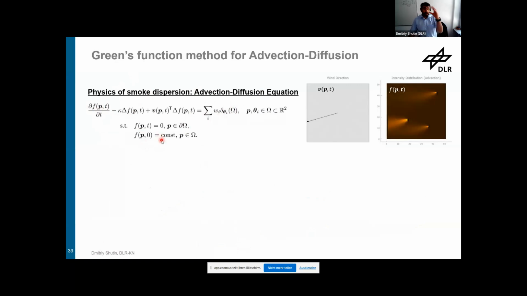So for example, we say at the boundary our concentration disappears, and at time moment 0 we had a certain concentration level in the room. So this would be a numerical solution that you see here. Unfortunately, that would be already the case where you cannot compute the Green's function analytically. So that's where the computation of the Green's functions will be impossible in general.